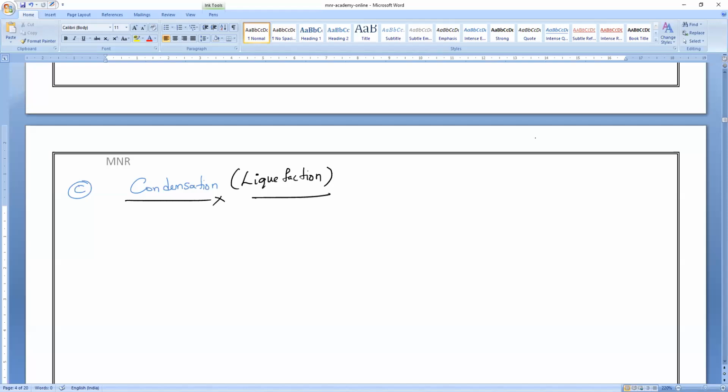Have you all experienced it? If you blow the air on the mirror, you can see that it becomes hazy. Yes or no?